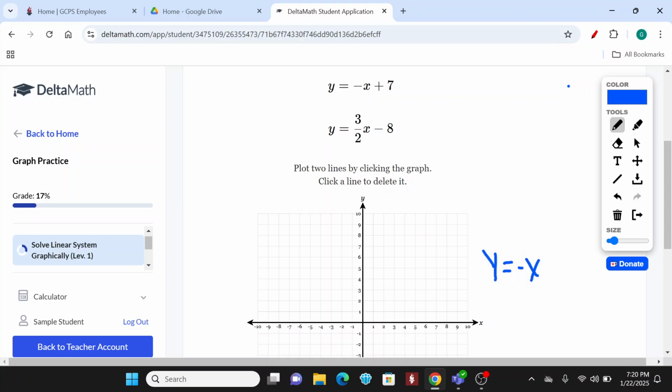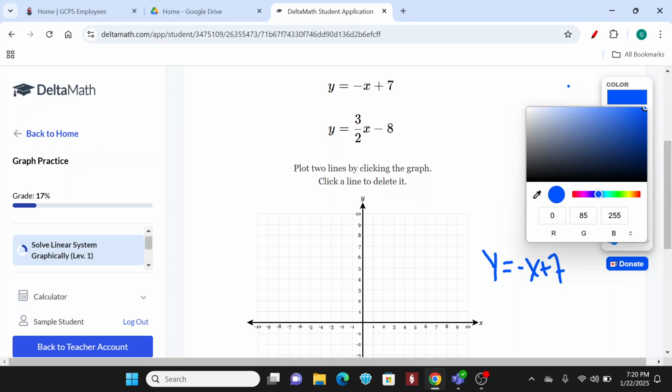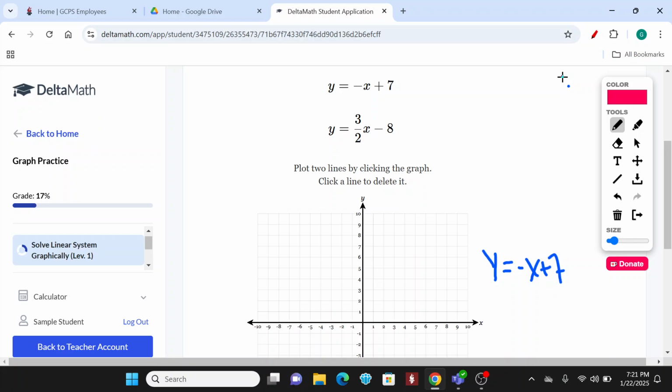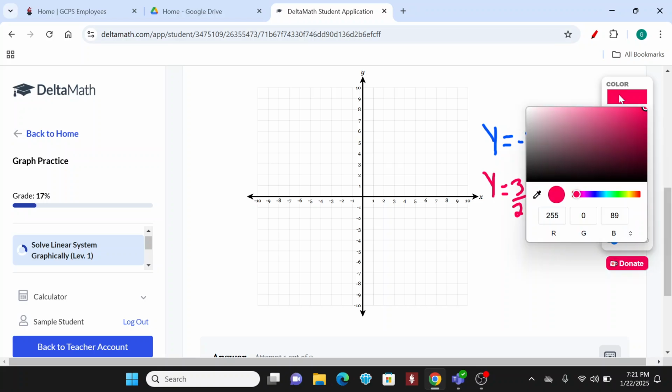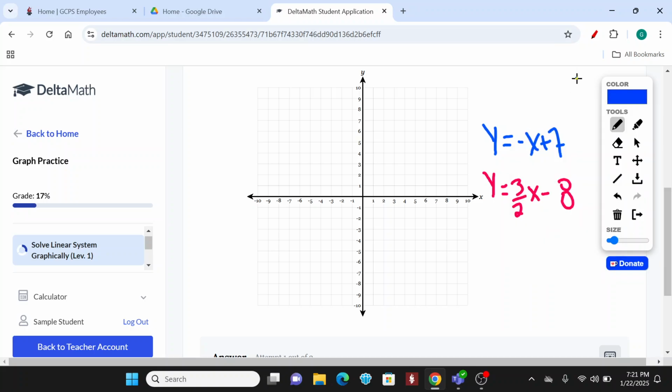So y equals negative x plus 7, and then I'm going to do the other one in a different color. We have y equals 3 over 2x minus 8.